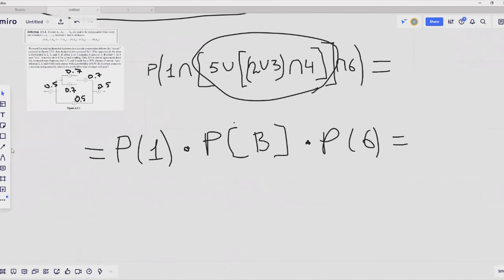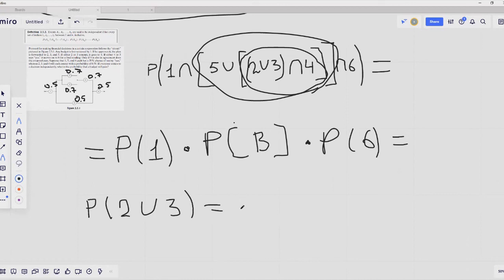Now let's calculate this probability here. Let's start off by looking at the probability of 4 intersection with the union of 2 and 3. So the probability of 2 union 3 is defined as the probability of 2 plus the probability of 3 minus the probability of their intersection.